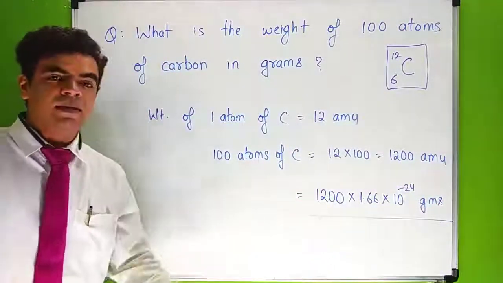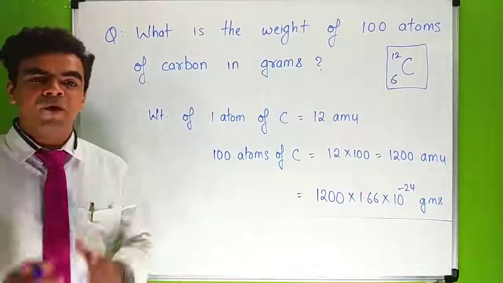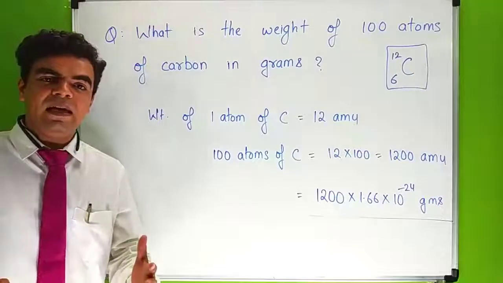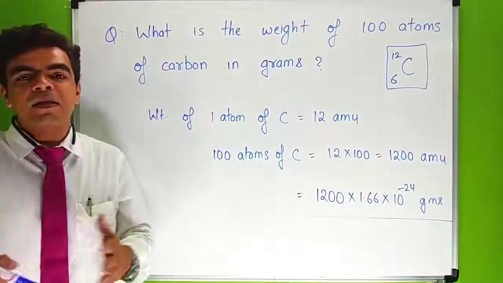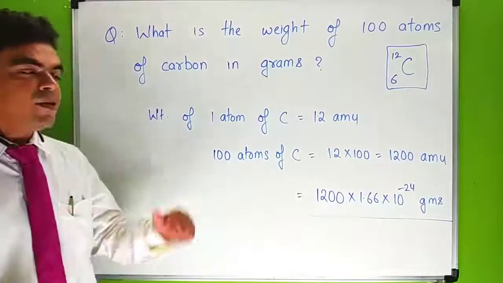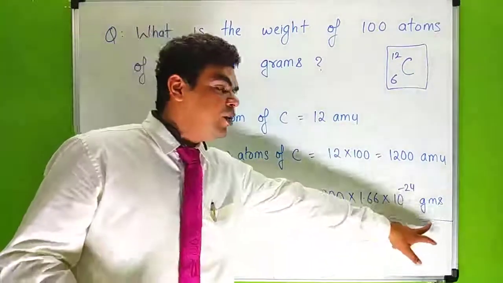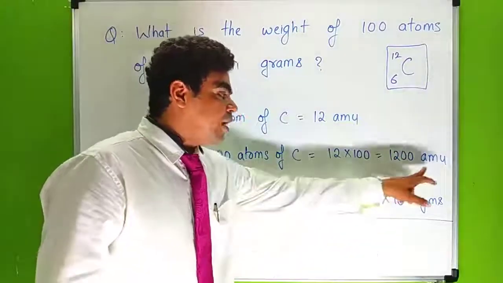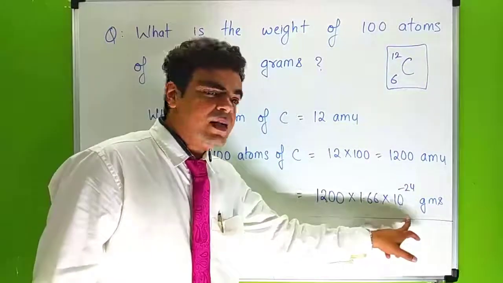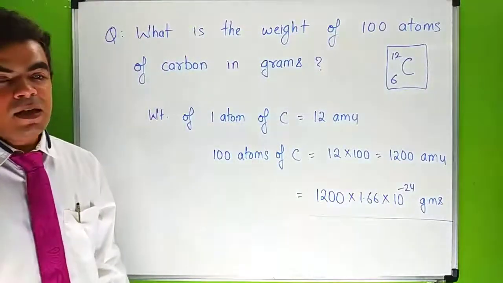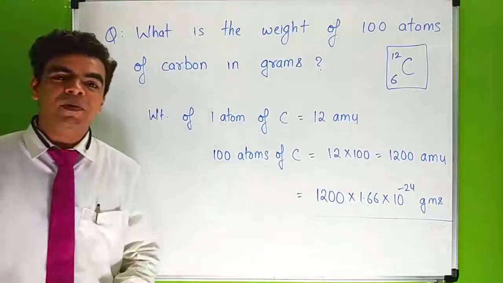So this makes solving questions easier if you remember it, what is 1 AMU? 1 AMU is 1 upon Na grams, or it is 1.66 into 10 to the power minus 24 grams. Had the question been asked in the units of kilograms, you simply would have written the relation that 1 AMU is equal to 1.66 into 10 to the power minus 27 kilograms. So this makes solving problems easier.